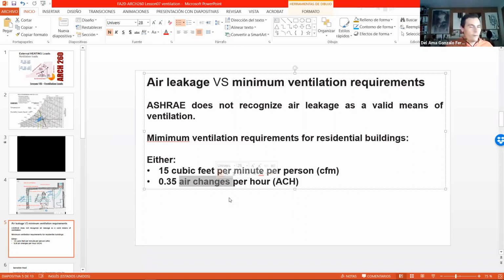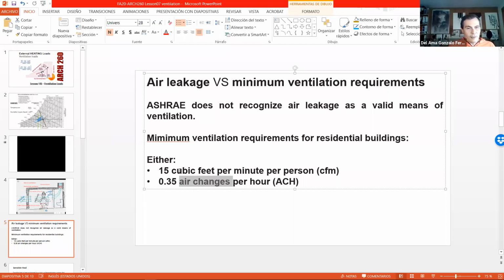If we remove all the volume of air that we have in a room in 1 hour, that means this is one air change per hour. If we remove this twice, we have 2 air changes per hour. If we remove only 35% of the air in 1 hour, then we have 0.35 air changes per hour.